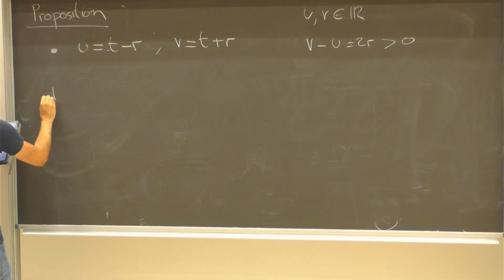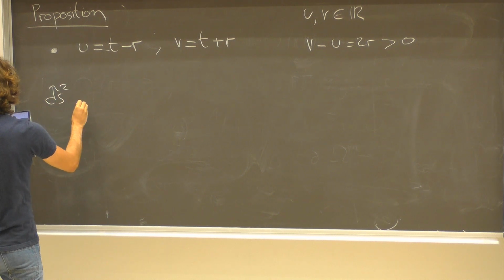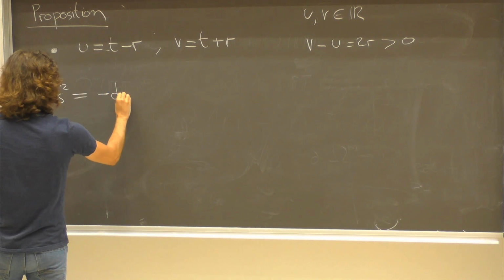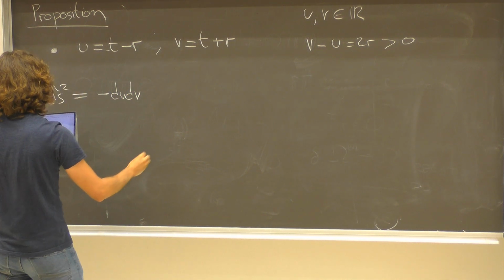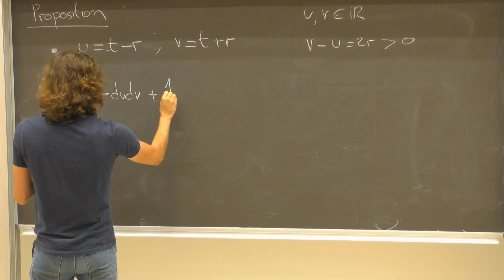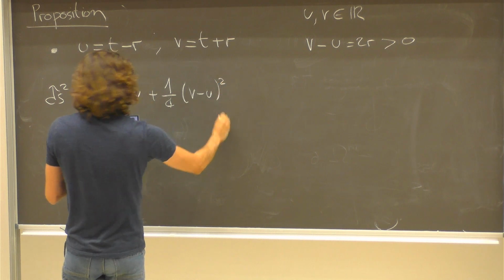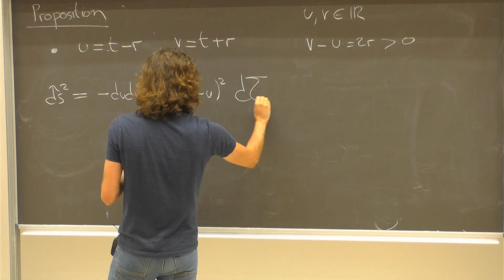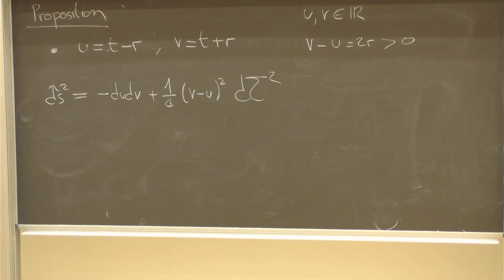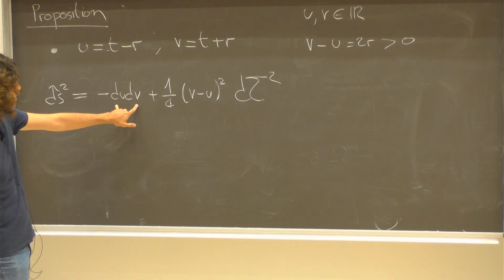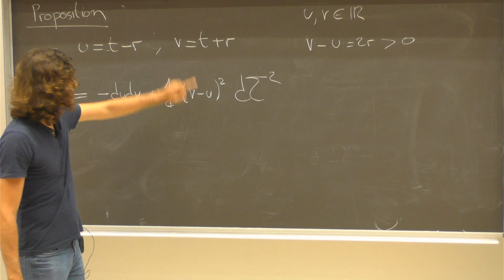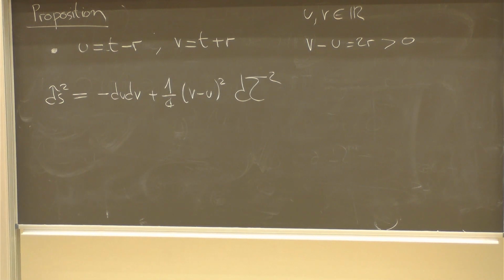And then the metric is just simple, of this form: minus du dv plus 1/4 (v minus u) squared d sigma squared. This is a type of doubly null coordinates that Sabrina was asking for yesterday. It's doubly null because both du and dv are null, there are no squared terms.